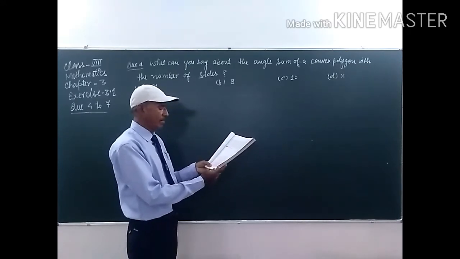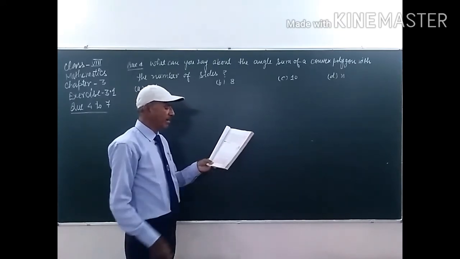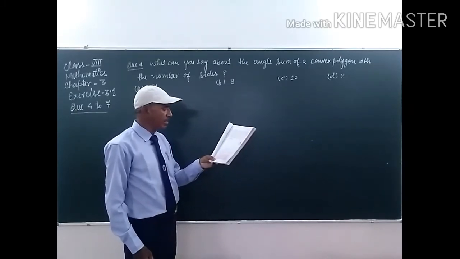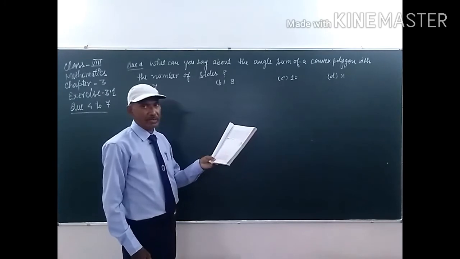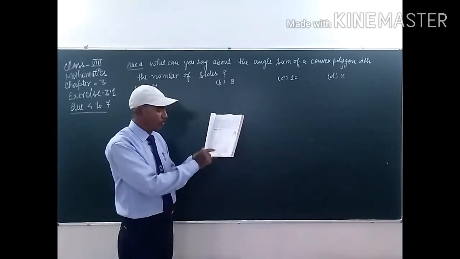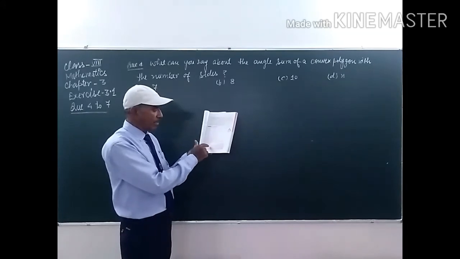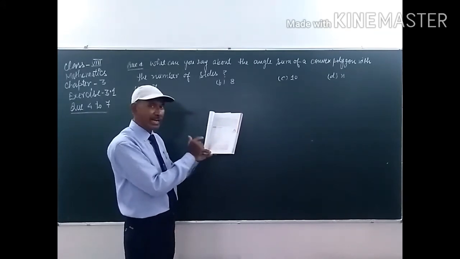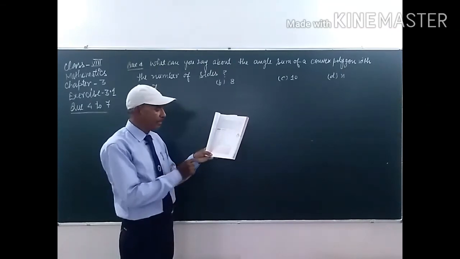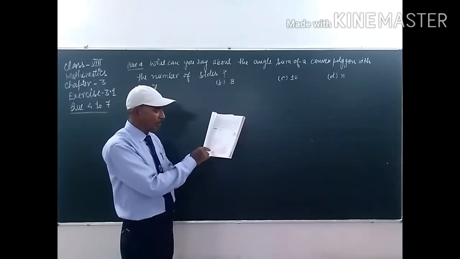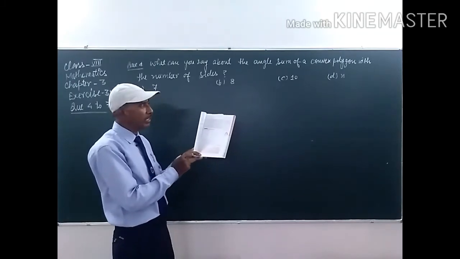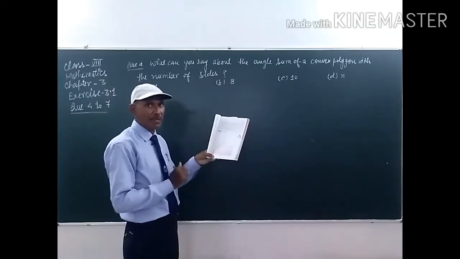Examine the table. Each figure is divided into triangles and the sum of the angles deduced from that. Figures are given here, students, in your book, and in this figure one triangle is here, so the number of sides is 3, and we have to multiply 1 into 180 to find out the angle sum of this figure.